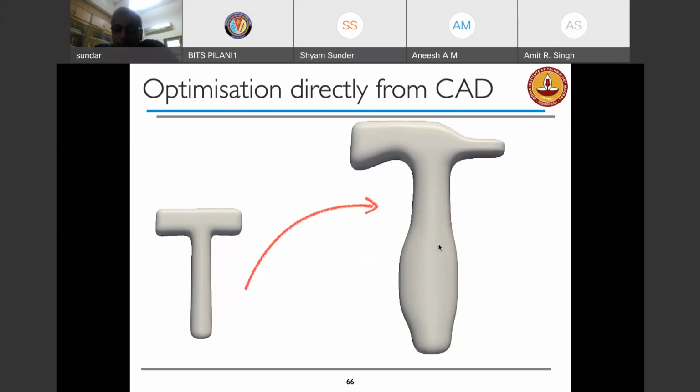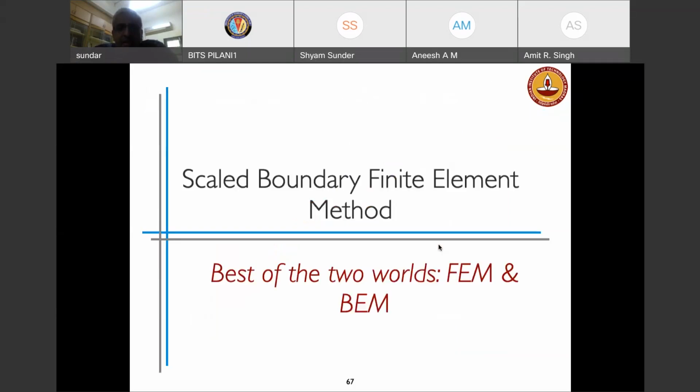It could be the weight or the volume, or it could be some other stress constraint. All this can be done without generating an intermediate step of meshing the domain. So you go from the CAD model directly to analysis quite easily. That's a major advantage of it. I think that's all I have for isogeometric analysis.